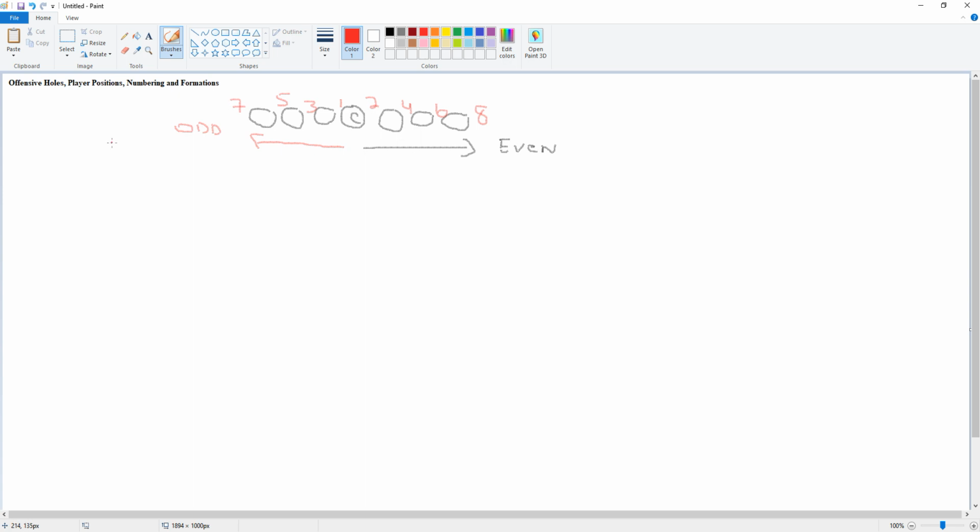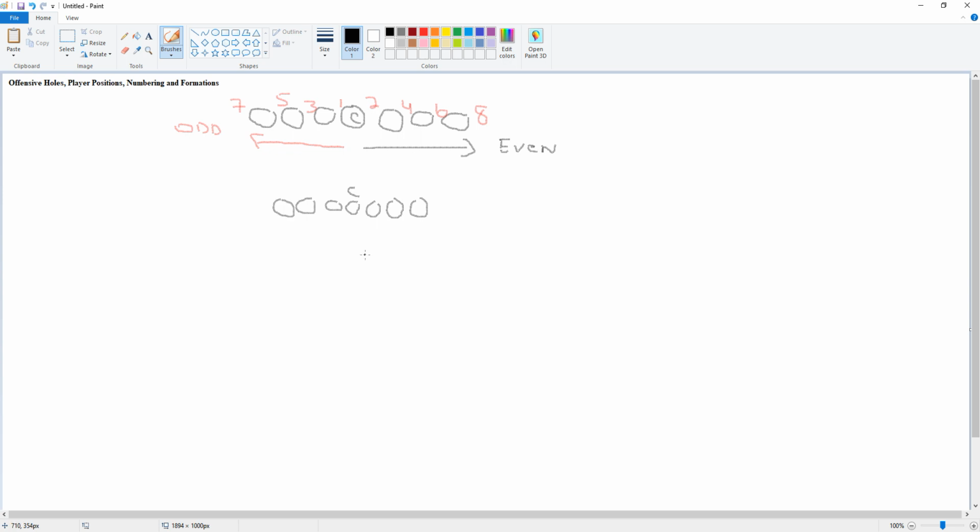Our player positions, let me redraw some of that, and then we can talk about formations and plays a little bit. Let me draw the line again. So here's our center, right guard, right tackle, our end, left guard, left tackle, and if we have a left end here.